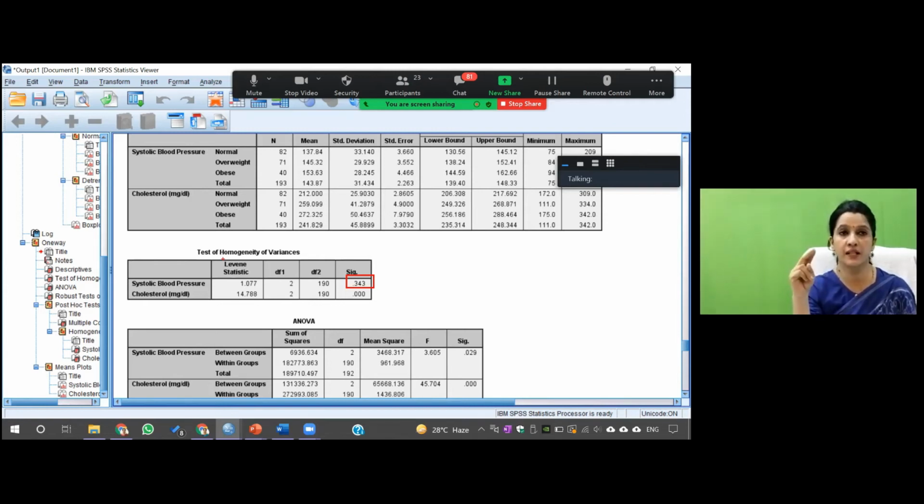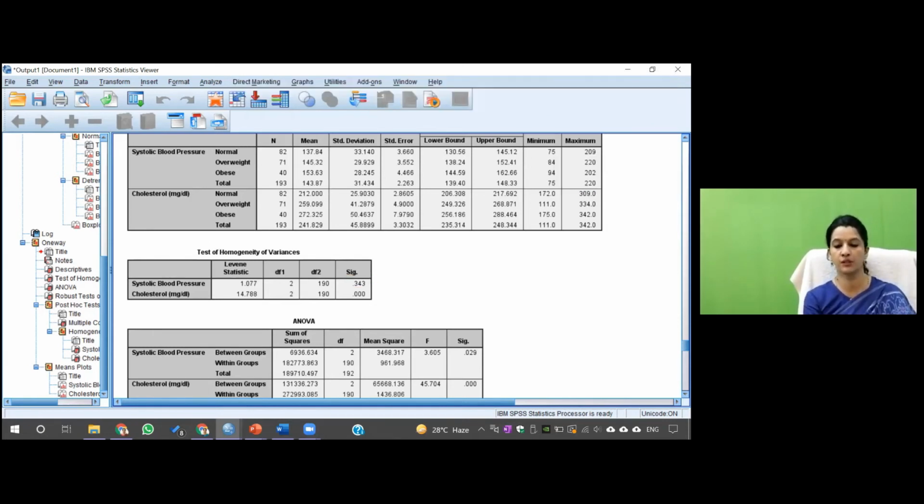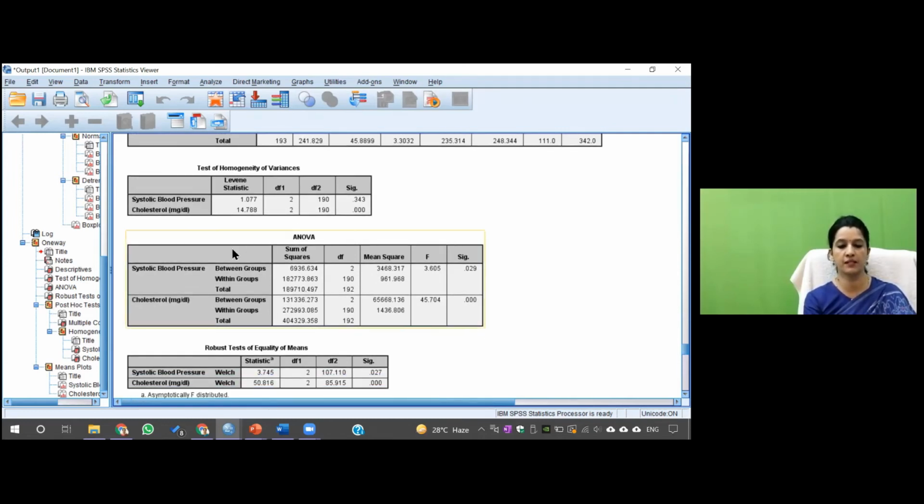Now, we studied two things. If the equality of variance is assumed, then we will use the standard F statistic. In the output, you will see both types of statistics. This table is for the standard ANOVA.